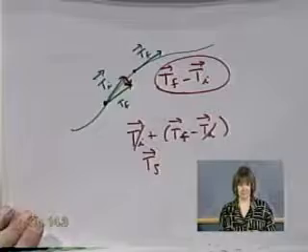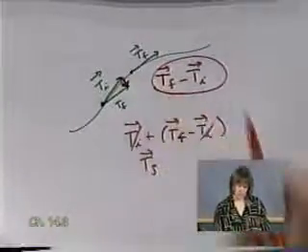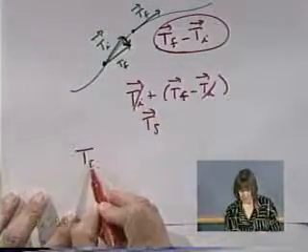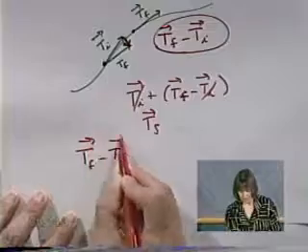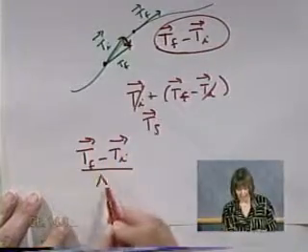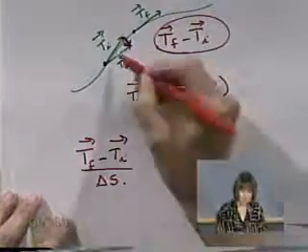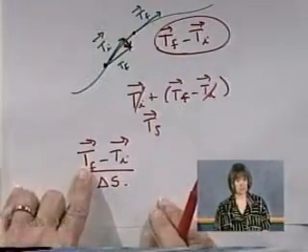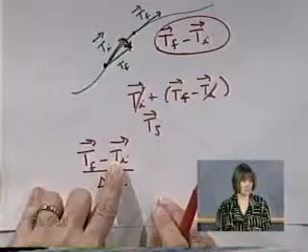Okay. All right, so now notice, if I wanted to measure how much Tf minus Ti changes as I change my arc length from here to here, and remember, I could measure Tf in terms of arc length and Ti in terms of arc length, right?